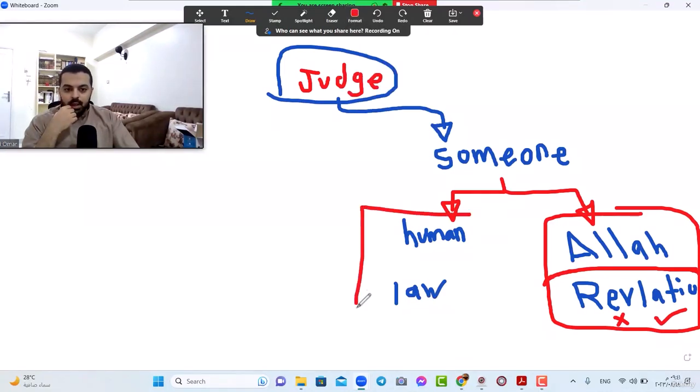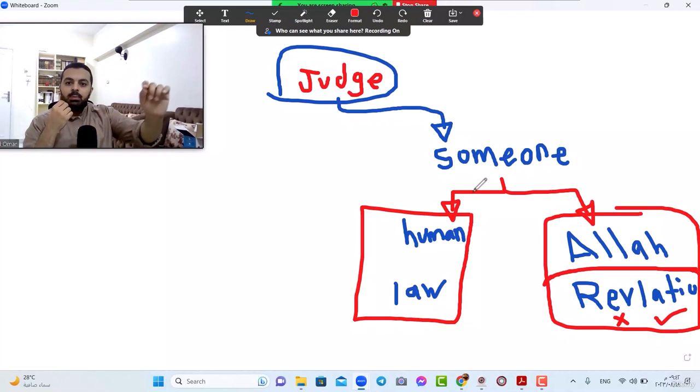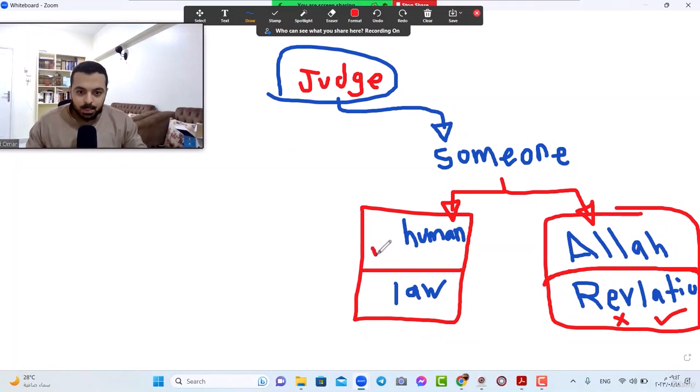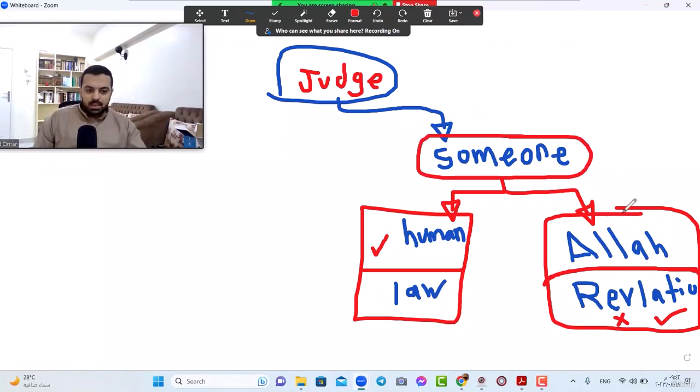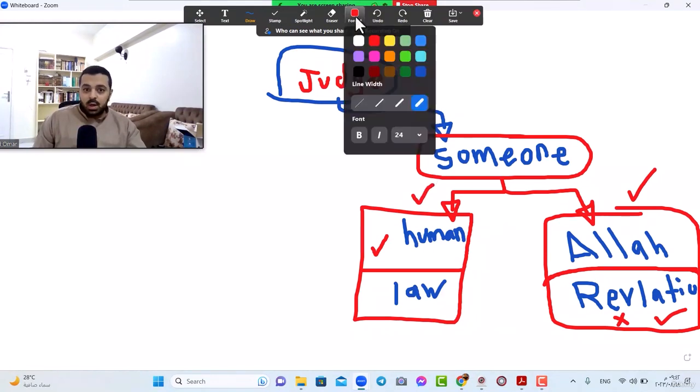For example, there is a proposition that says if you own a company and the profits reach 200% of your selling, you have to pay taxes of this amount. You cannot tell unless there is someone who put these judgments. So judgments can be put by some essence, maybe Allah or a human being.